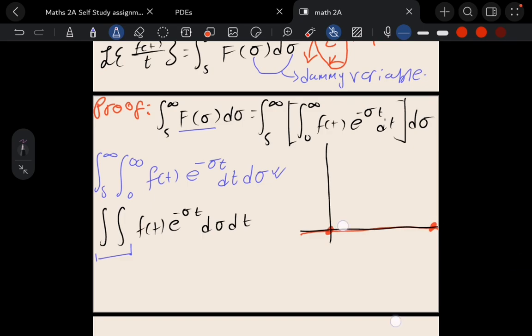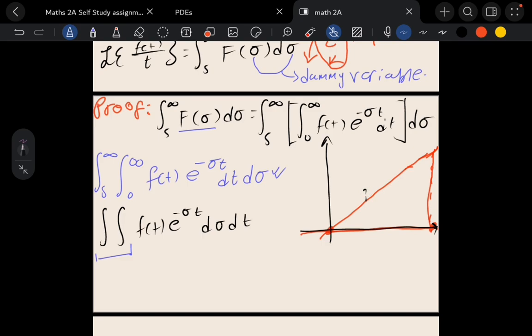Let's go to sigma. Let's say sigma is the y-axis. Now sigma is equal to s, a straight line like that, and then sigma is equal to infinite, somewhere here. You can see that you have bounded this in a triangular shape. I know that you cannot hear what I'm doing. It's called the change of order.